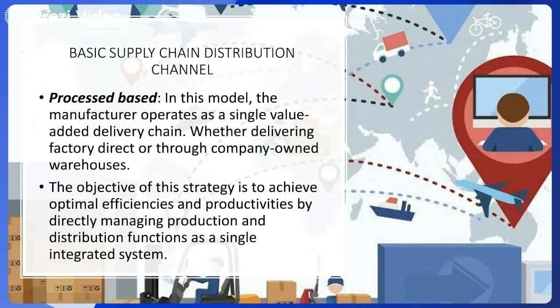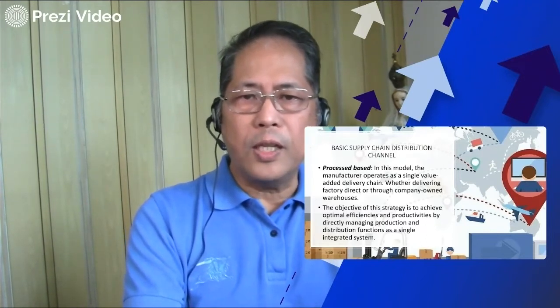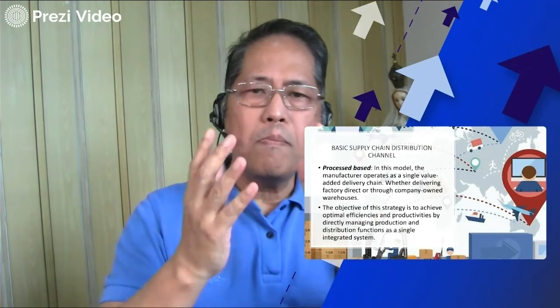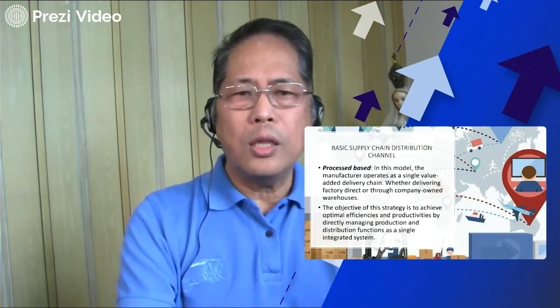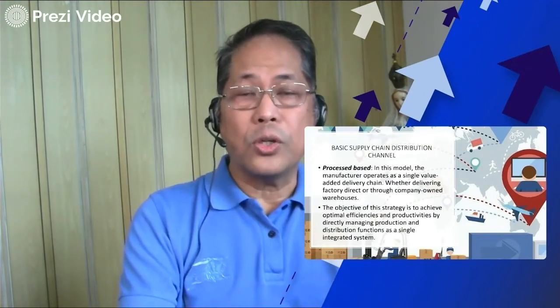In this model, the manufacturer operates as a single value-added delivery chain, whether delivering factory direct or through company-owned warehouses. The objective of this strategy is to achieve optimal efficiencies and productivities by directly managing production and distribution functions as a single integrated system.